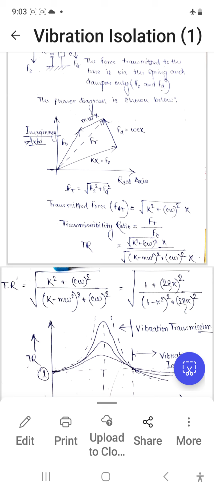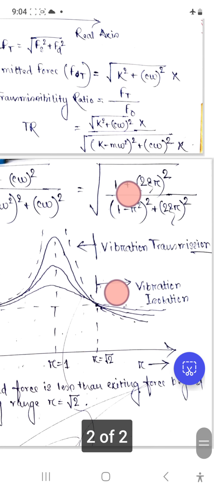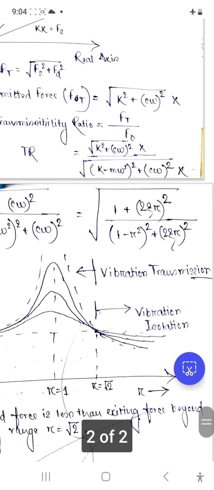But in this case, it happens exactly at r equal to 1, because if there is no damping, zeta equal to 0, at r equal to 1 it is infinite. Gradually for other values of zeta, the graph will look like this, and all these curves cross through a particular point, r equal to root 2. We know that as the zeta insensitive point, because for all zeta values they cross the same point.